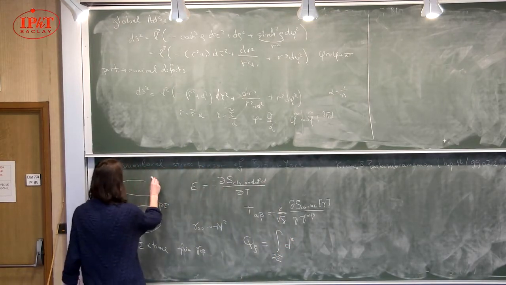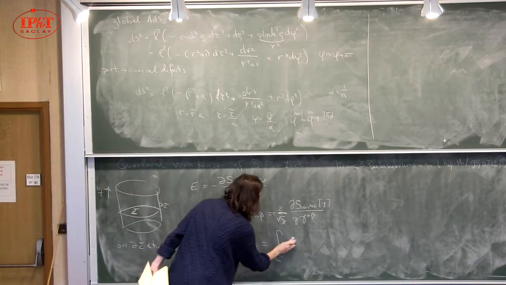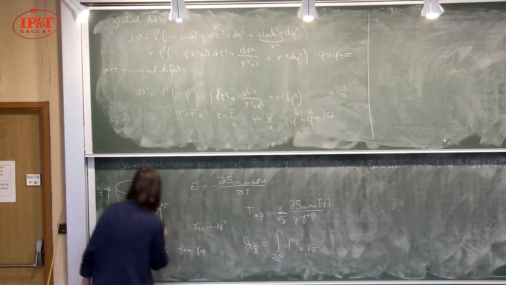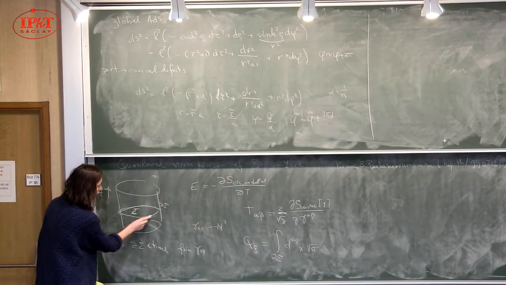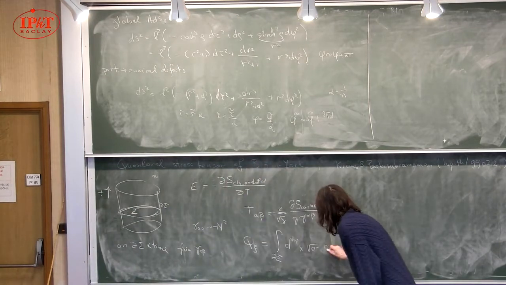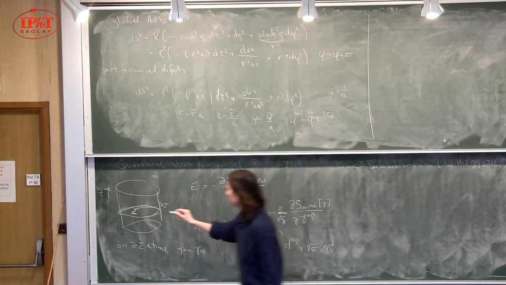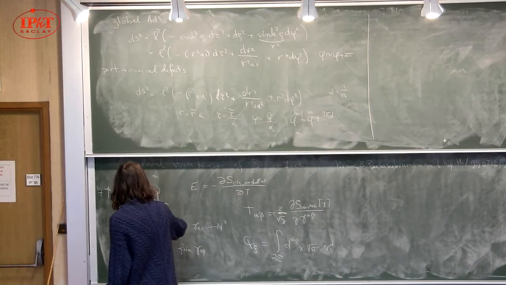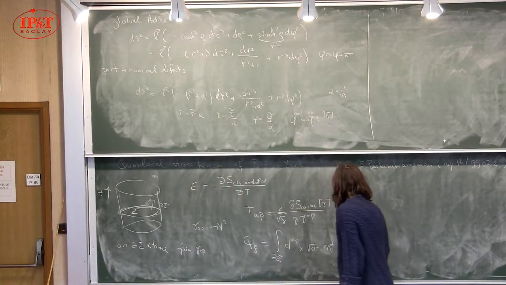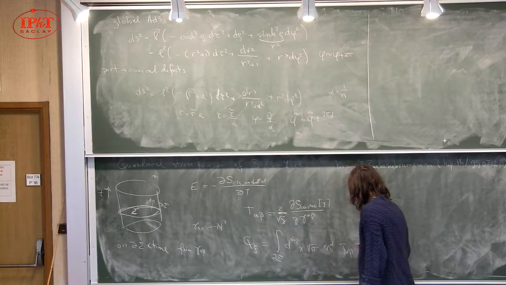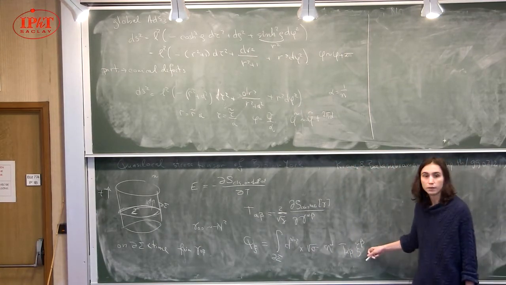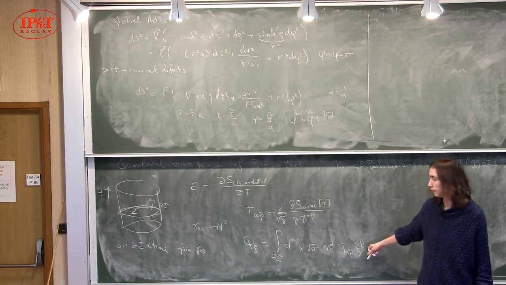Let me call this an n-dimensional spacetime. So this is going to be the integral over n minus 2 of square root of sigma, where sigma is the induced metric on the surface, times the normal n alpha at the surface, times T alpha beta, times your favorite diffeomorphism.